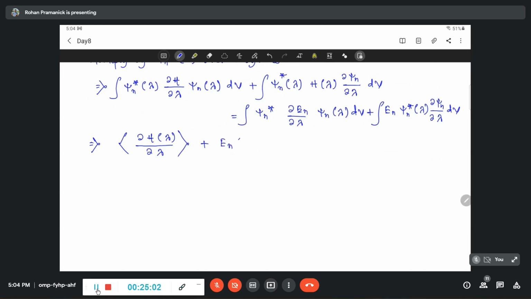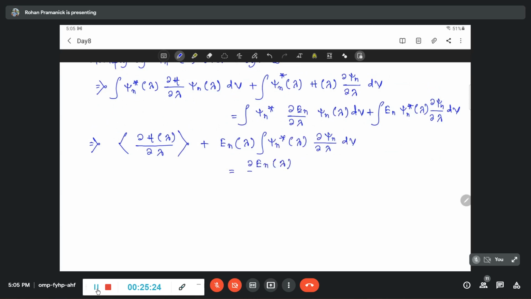So this En, a function of lambda, times the integral over dv, which is not a function of lambda, of psi n star lambda del psi n del lambda dv, and on the right-hand side you have del En del lambda.